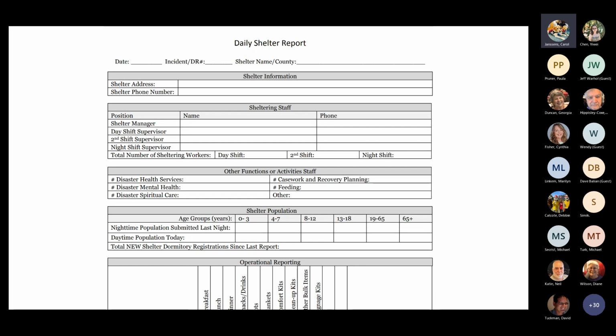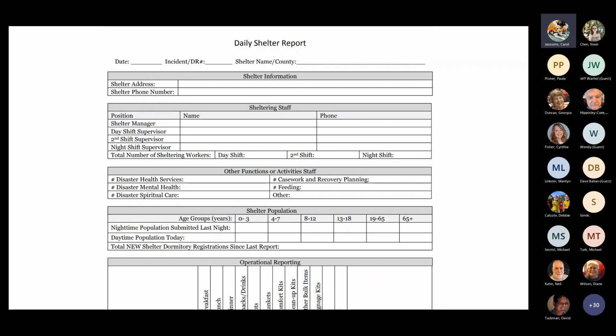We'll see this year what they're doing, but they no longer required us to break it down by age, which made it a lot easier. The positions and names of the supervisors go into the IAP, the incident action plan that everybody gets.